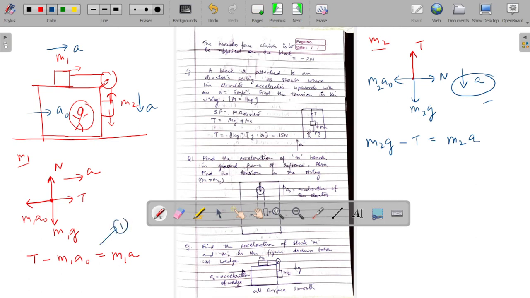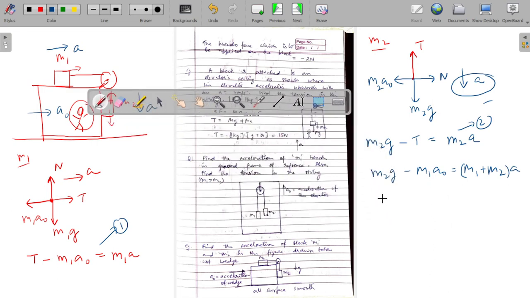So after adding equation number 1 and equation number 2, which we have evaluated from these two masses, we will get m2g minus m1 a naught is equal to m1 plus m2 into a, or we would say that the acceleration of the masses m1 and m2 in magnitude with respect to the block is m2g minus m1 a naught divided by m1 plus m2.